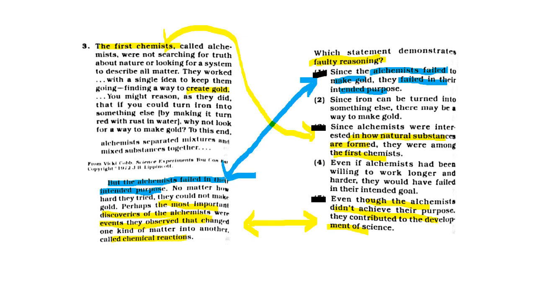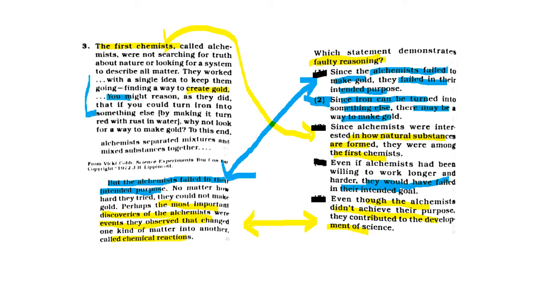So number 4, even if the alchemists had been willing to work longer, they would have failed, is true. They would always have failed because they could never make gold, because gold is an element. Now, number 2, since iron can be turned into something else, there may be a way to make gold, is false. I know it says it here.